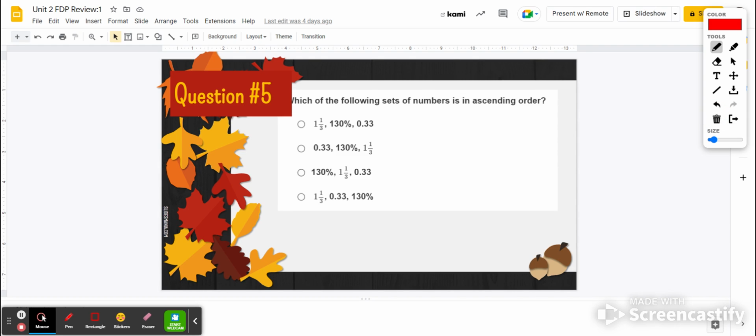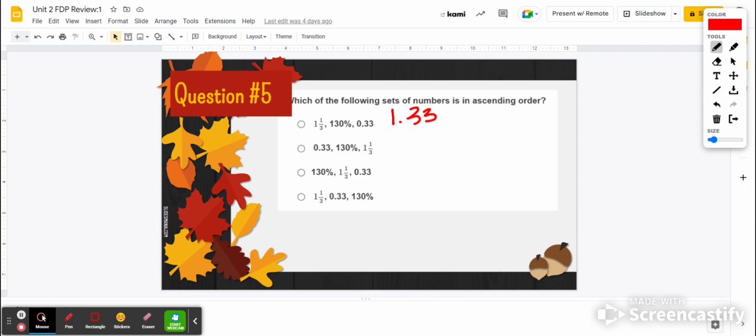Question number 5, which of the following sets of numbers is in ascending order? Remember, we talked about ascending means we're going up the stairs. So we're going to start with our smallest one. So if I look here, I have 1 and 1/3, which I know is 1 and 33.